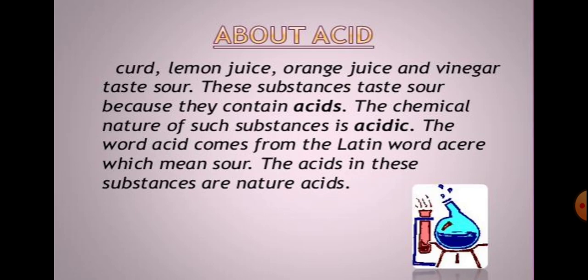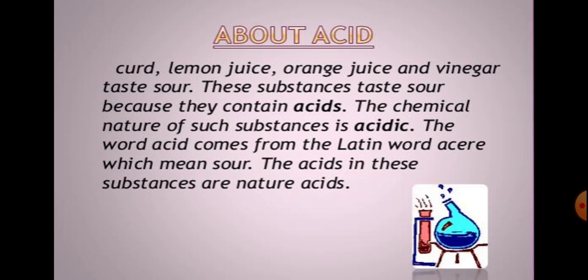And this word acid comes from the Latin word acre, which means sour. And the acids in these substances are natural acids. Organic acids, or naturally occurring acids, are weak acids, which means it is not harmful to eat or drink substances containing naturally occurring acids.